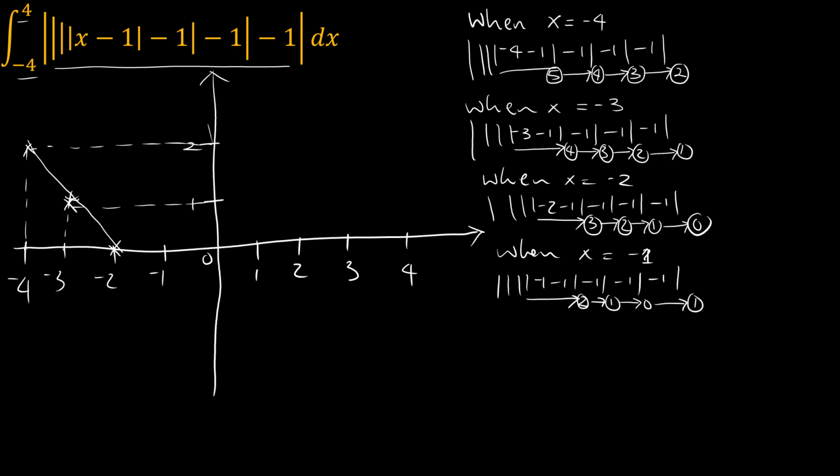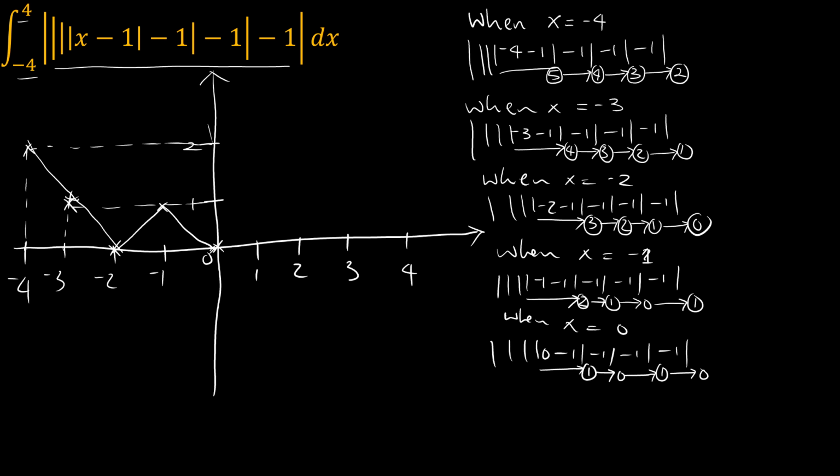So we're going back to 1 here. Okay? And then when x equals 0, we have 0 minus 1 absolute, minus 1 absolute, minus 1 absolute, minus 1 absolute. So from here to here, 0 minus 1, -1 absolute is +1. We go to 0 here, and then 0 minus 1, we'll go to 1 here, and then 0. So we are going to 0.